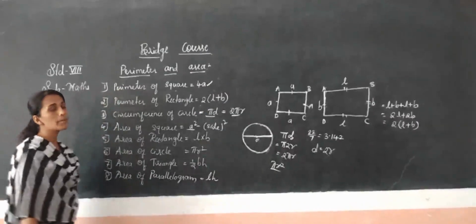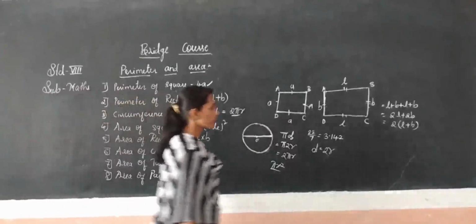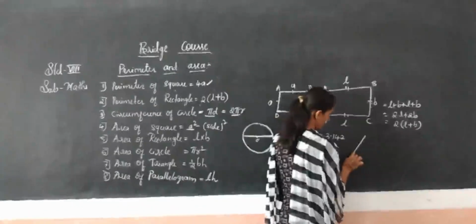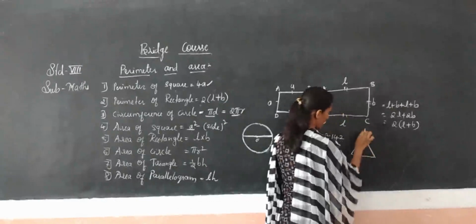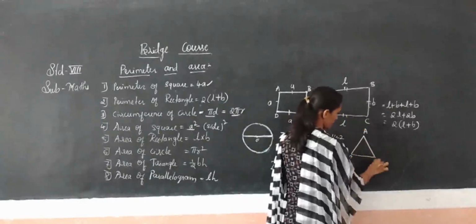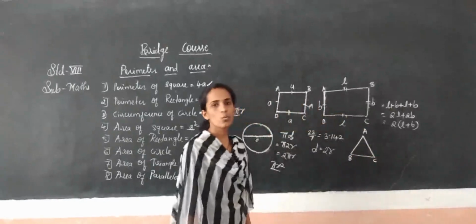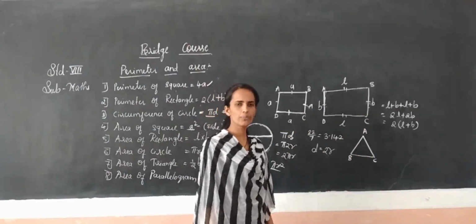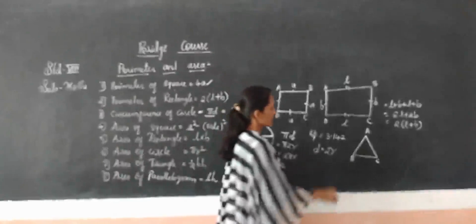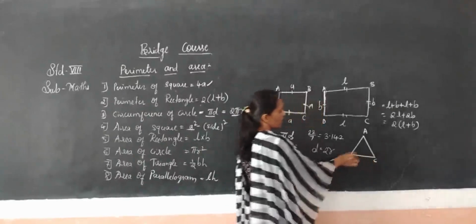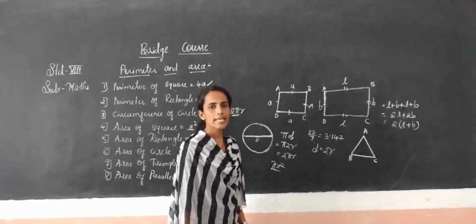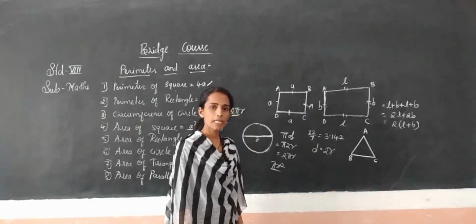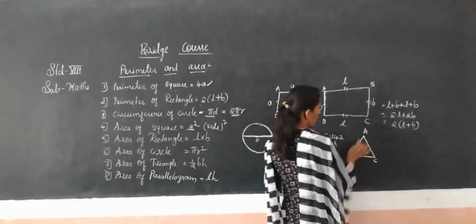So next one will be area of the triangle. A, B, C. So this is a triangle. What is the area of the triangle? Area of the triangle is half into BH. B means the base of the triangle, and H means the height of the triangle. But height is not AB or BC.